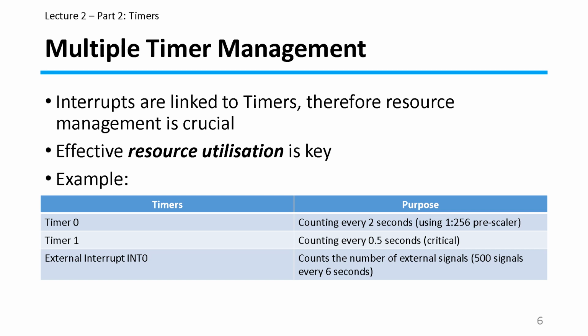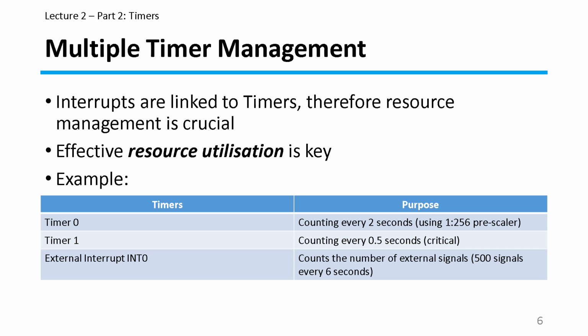Timer 0 is running and is counting every 2 seconds using a 1 to 256 prescaler for your data logging, and timer 1 is counting every half a second with a critical component, which is calling a specific function in your main program. Now, this specific function is critical in the operation of your microcontroller unit as it affects the manufacturing line. So you compile your program and you run the program.